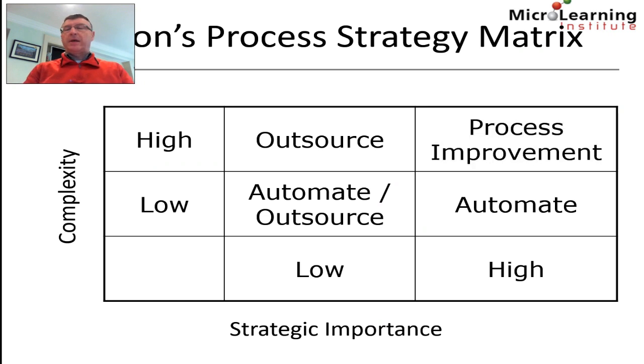So these may be processes in the modern world like supply chain management in the technology industry, or innovation, or R&D in the pharmaceutical industry. And Harmon says that the approach that companies should take to these processes is to strive to improve the process, to actually look at making the process more streamlined and more effective.